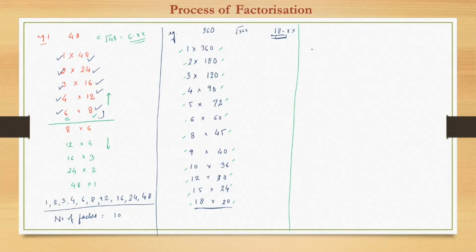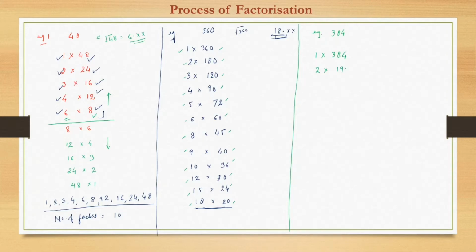Okay. Now we will see another example just for a bit of clarity. If we take 384, so what can we write? 384 is 1 into 384. And then can 2 divide 384?